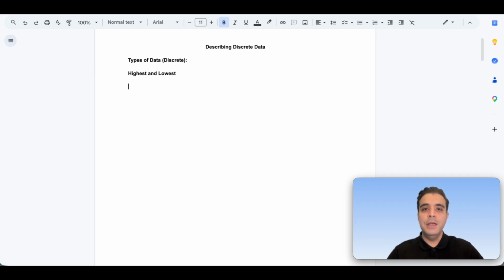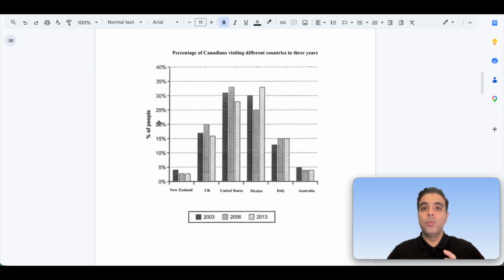Another category that you might want to describe when it comes to discrete data is proportions. So by proportions, I mean describing things like one category is 1/3 of the total amount described. This is very useful in the case of pie charts, which also tend to describe discrete information.